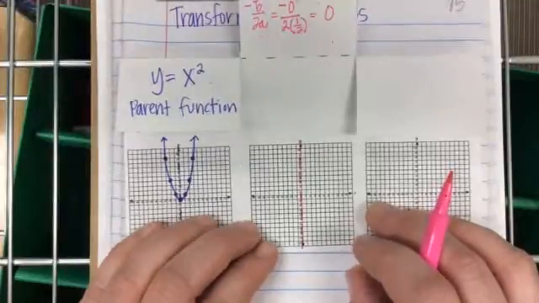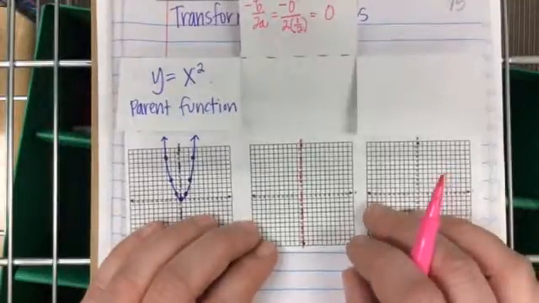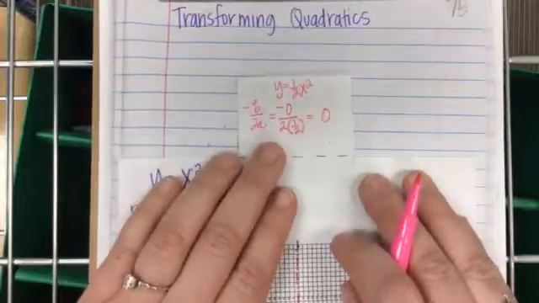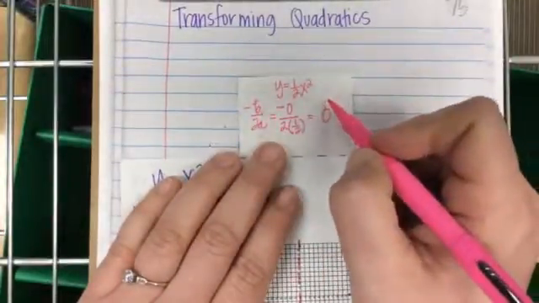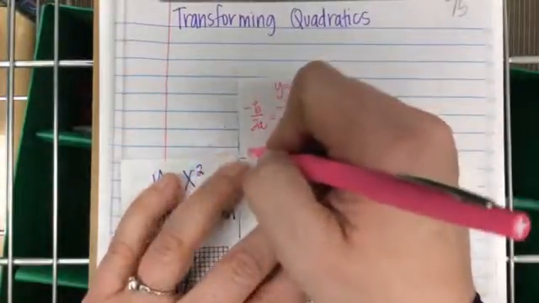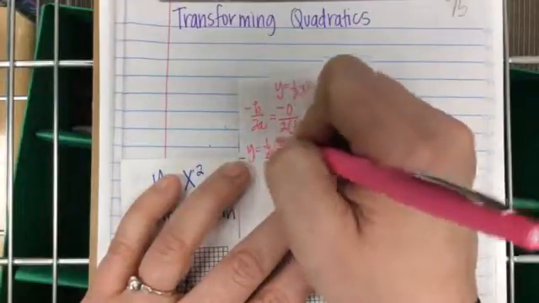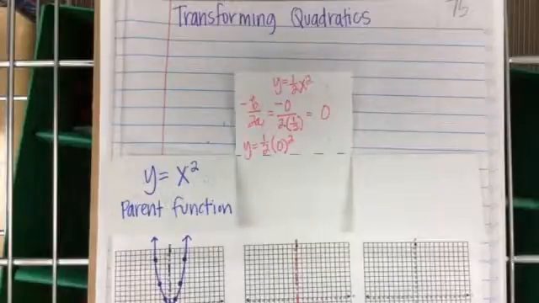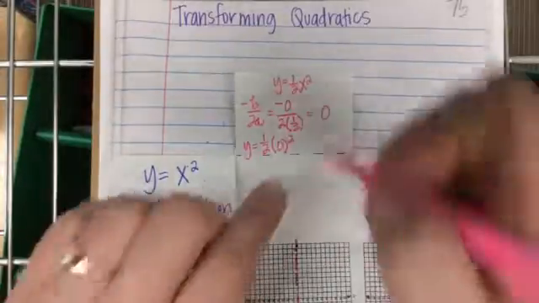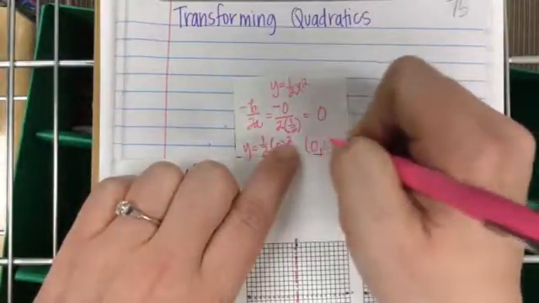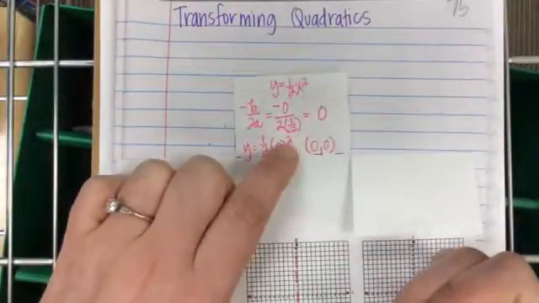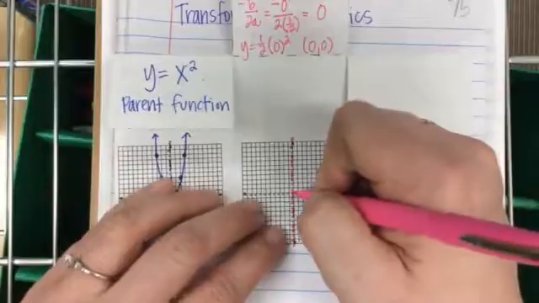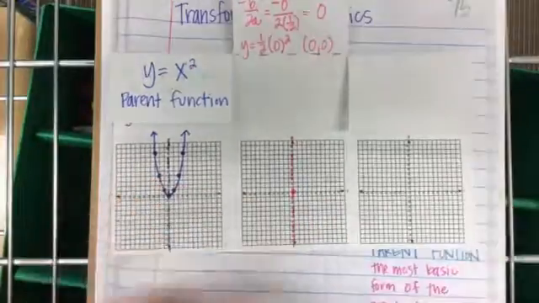Then we're going to find our vertex. The vertex is when you take the axis of symmetry and substitute it back into the problem. So y equals 1/2 times 0 squared, which is 0. So can you make a conclusion? Or a hypothesis, I guess?